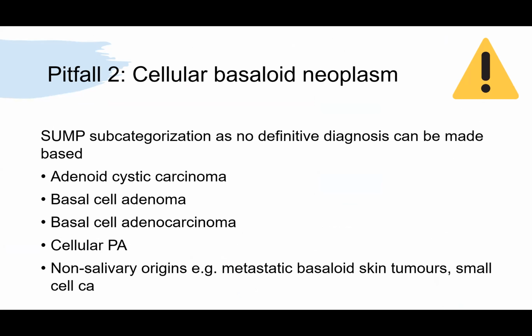The next pitfall, and a very common one, is the cellular basaloid neoplasm. In the Milan system, this has a subcategorization in the SUMP category, because sometimes no definitive diagnosis can be made. These are a spectrum of neoplasms which can be benign or malignant. They are basaloid cells with a high nuclear to cytoplasmic ratio and scant cytoplasm, and they tend to have scant thick matrix produced by the myoepithelial cells.